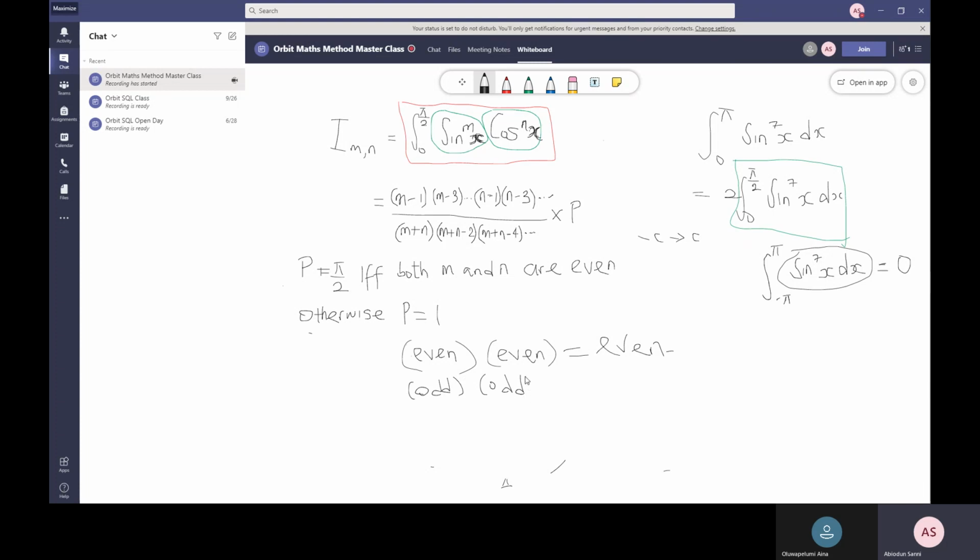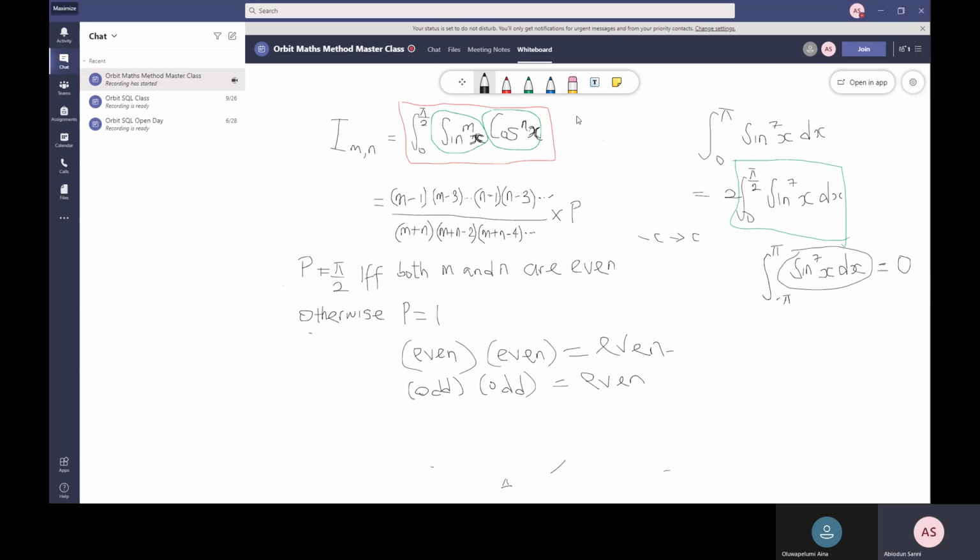But when one of them is odd and the other is even, then you have an odd function. So in this case, the product of these two is an odd function. If you integrate from minus c to c, the result is just going to be 0. So you don't need to do anything at all in this case.